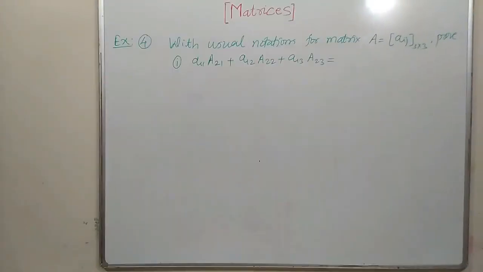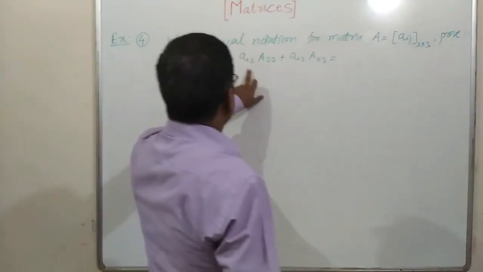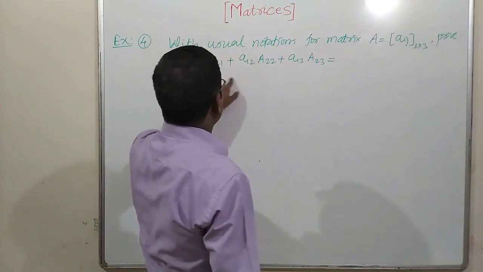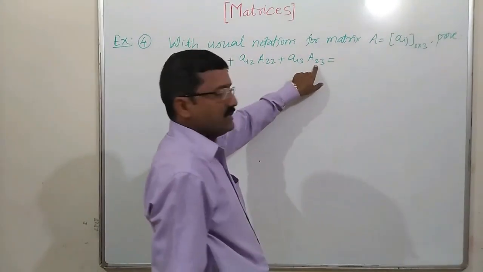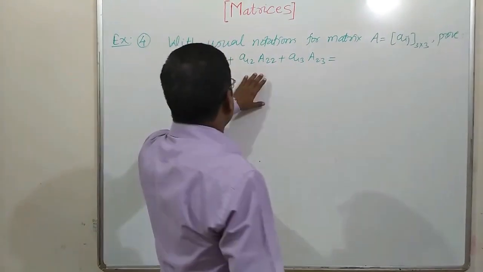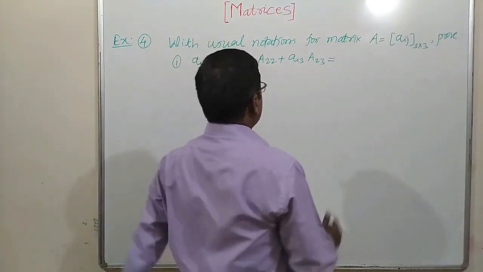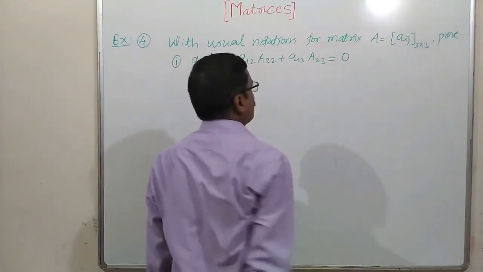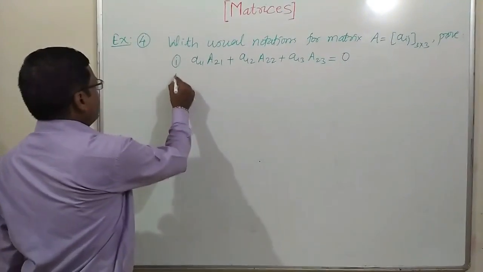These are the elements from the first row and these are the cofactors from the second row, and if you take the corresponding multiplication and the addition, then that will be 0.